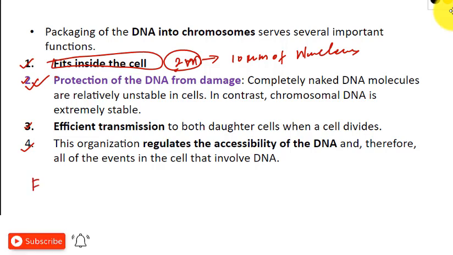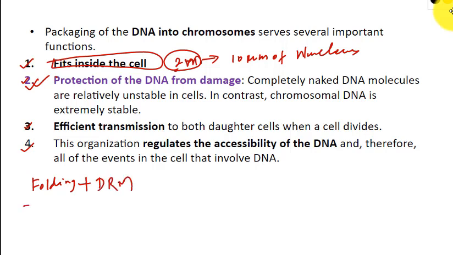One mechanism is folding. The histone protein and other non-histone protein that are utilized to fold, this folding plus DNA repair mechanism. These two mechanisms protect DNA inside our body, protects our DNA from injury.